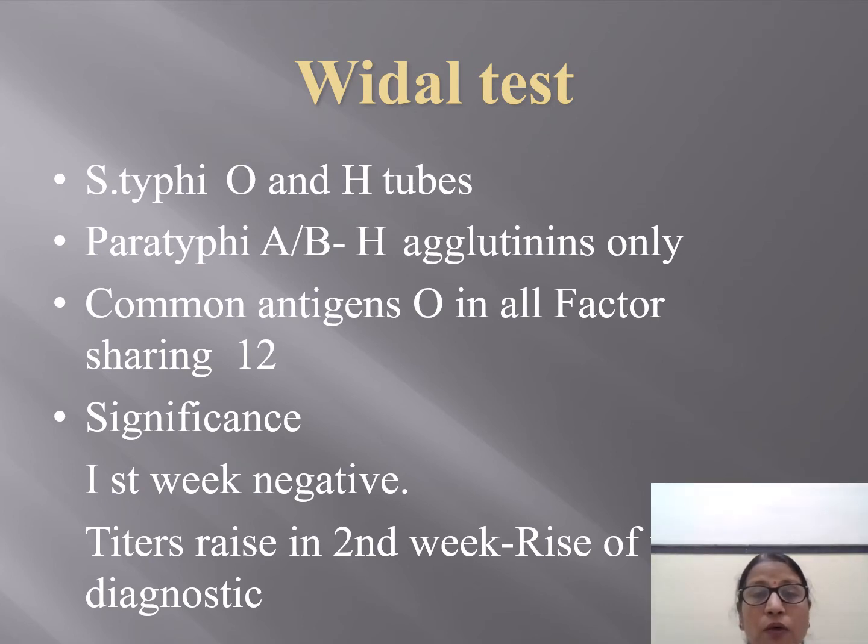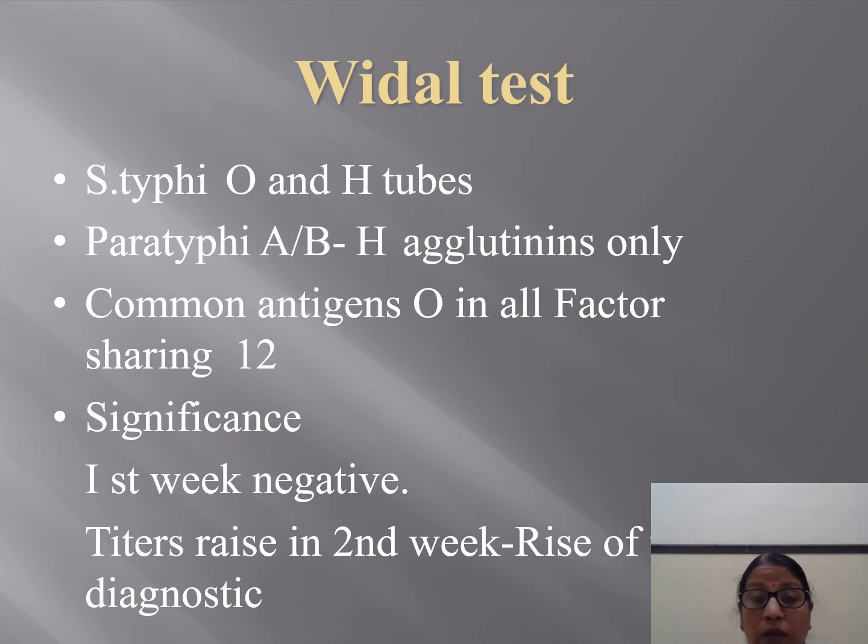What is the significance of the Vidal test? This will be negative in the first week, as no antibody against Salmonella will appear in the patient's blood during the first week. The antibodies will appear after 7 to 10 days of infection, and the titer will rise in the second week. A rise in titer in paired sera will be diagnostic. If we take a blood sample in the first week, although no antibody will appear, we can get a baseline titer.